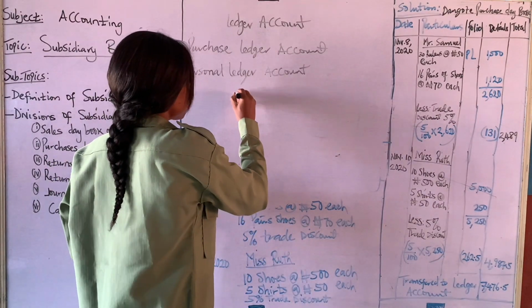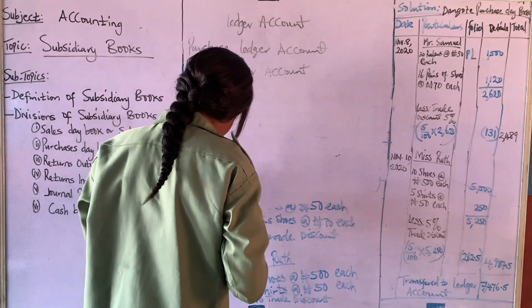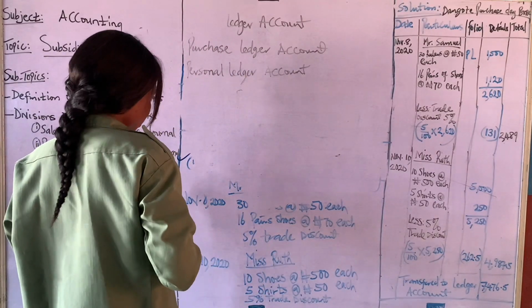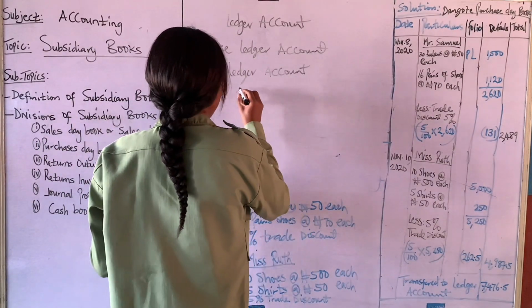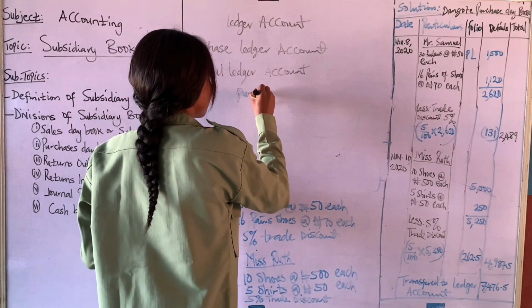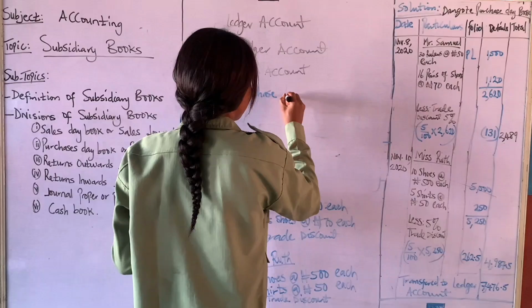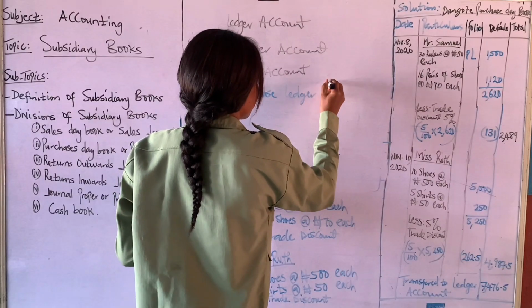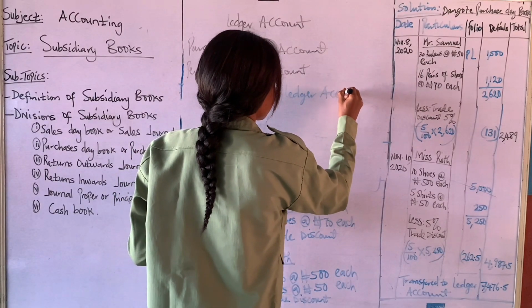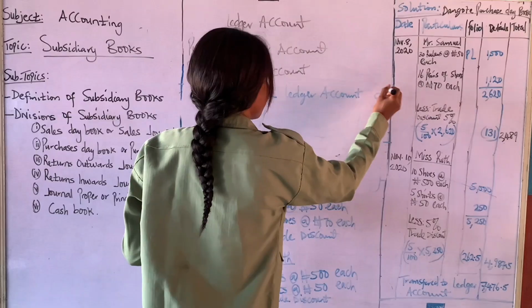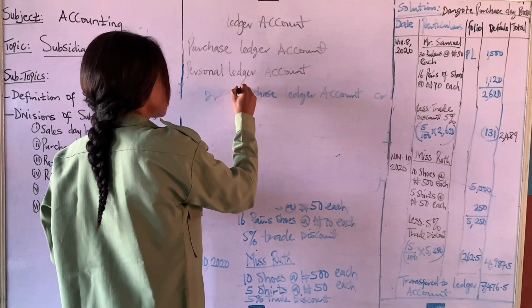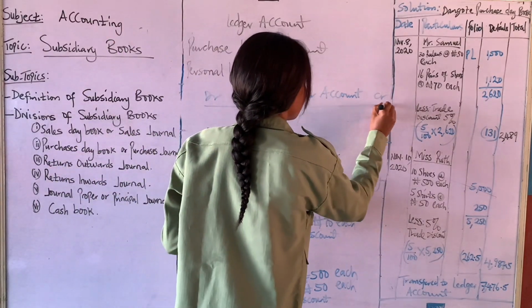You need to write the purchase account. Purchase account, that's ledger account, don't forget. Purchase ledger account. It has the credit and the debit side. So let's use the T format.